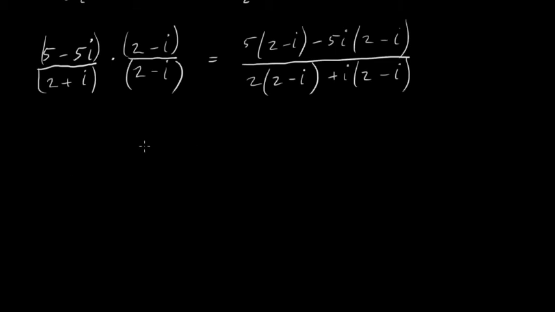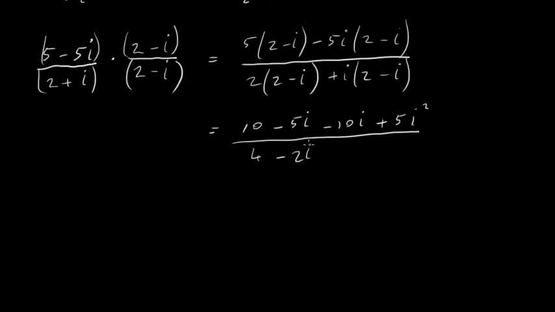So let's do all that out. 5 times 2 on the top we get 10 minus 5i, minus 2 5s is 10i, then minus times minus is plus, 5 times i squared. And then on the bottom 2 2's are 4, minus 2i, and then plus 2i, and then minus i squared.